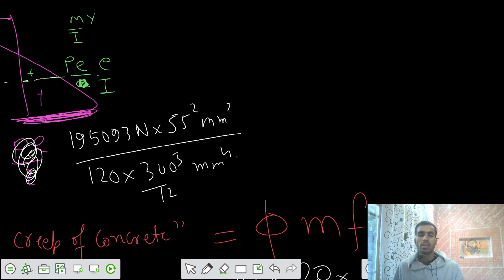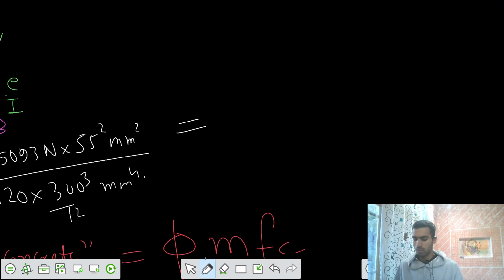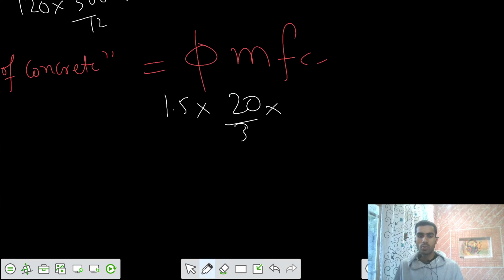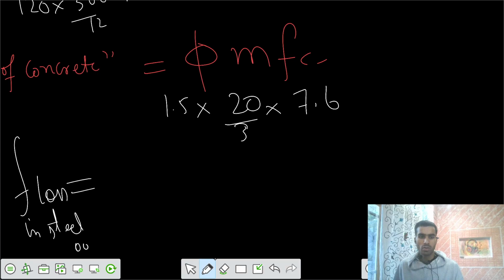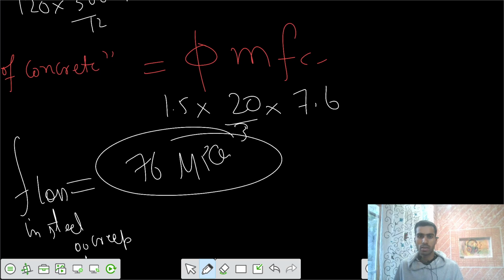You can solve that, and it comes to be equal to 7.6 megapascal. Let's substitute that here. So we get the final solution that your loss of stress in the steel wires because of creep is equal to 76 megapascal.